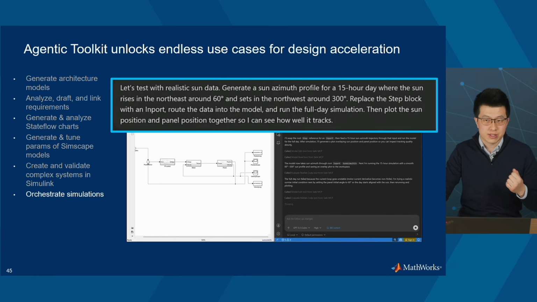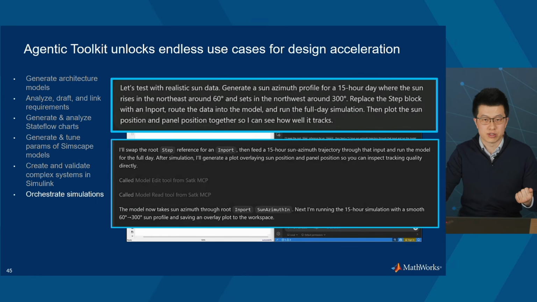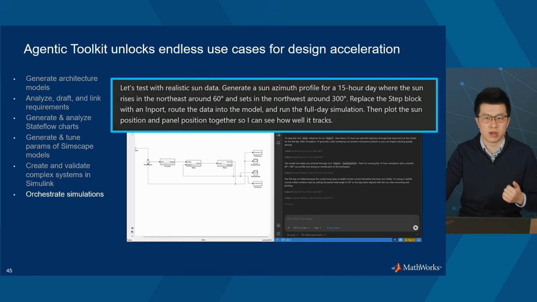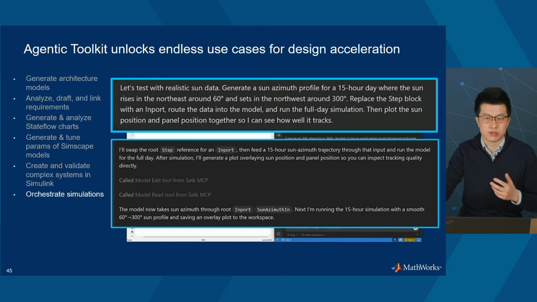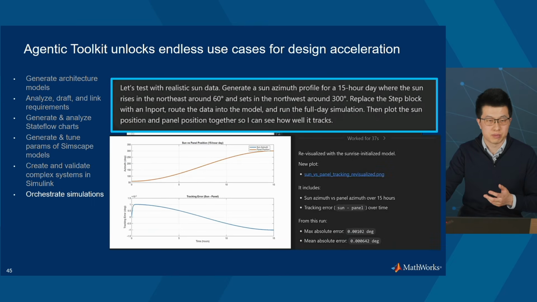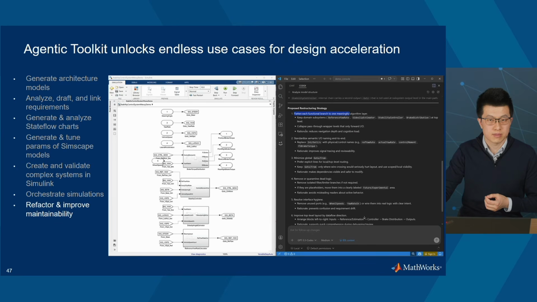I can also ask the agent to plot the sun's position along with the solar panel's position to see how well the tracking works. So the agent calls relevant tools and presents me with a plot showing the positions of the sun versus the solar panel, as well as the tracking error.